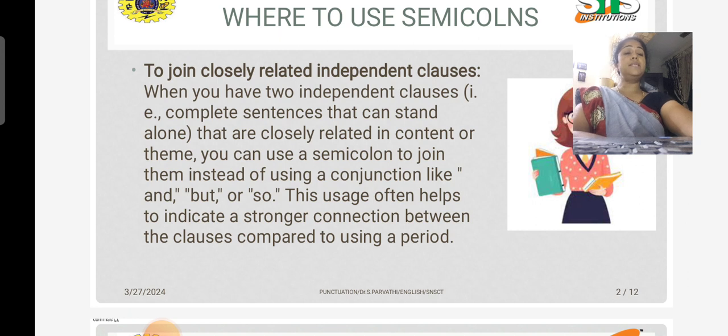You can use a semicolon to join them instead of using a conjunction like and, but, or, so. This usage often helps to indicate a stronger connection between the clauses compared to using a period.